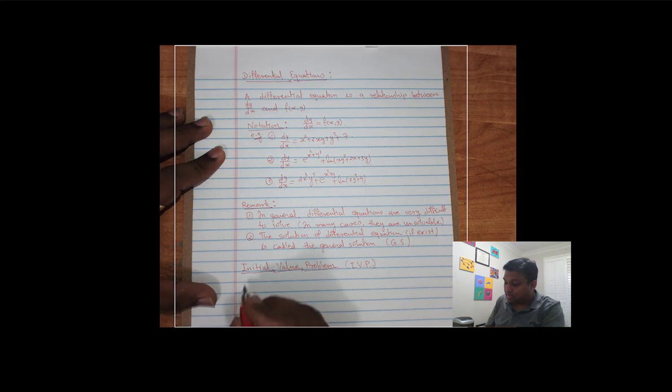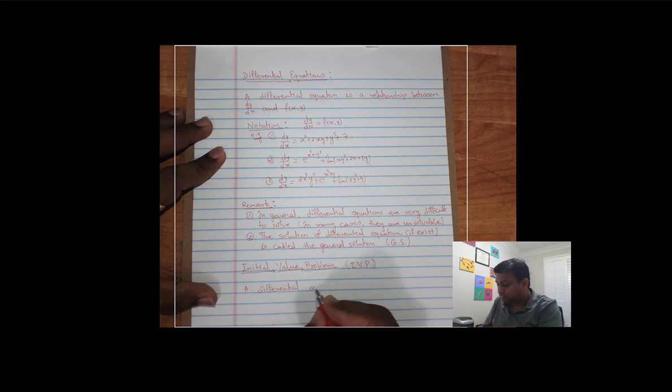Alright, so a DE, or differential equation, with initial condition is called initial value problem. As I said, in short, I will be writing IVP to represent initial value problem.